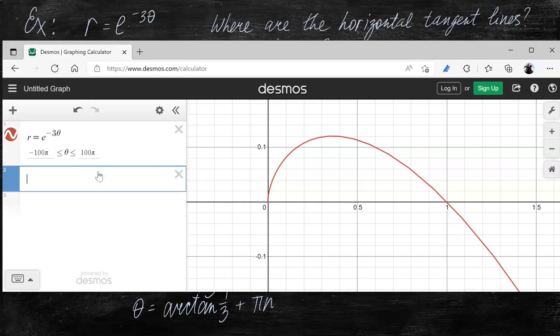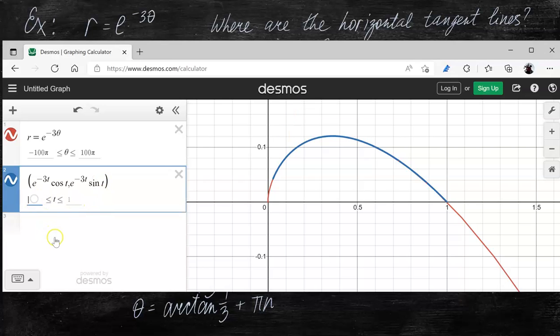Let's see. We're going to parameterize it first. So e to the negative 3t times cosine t, comma, e to the power negative 3t times sine t.